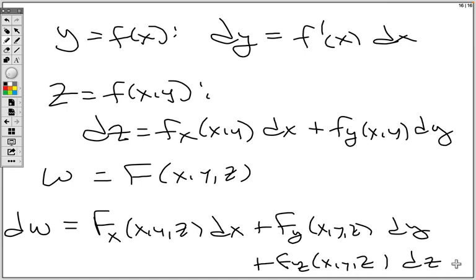Once again, if you have a differentiable function, then that means the function is locally linear. That means you can approximate the change in the dependent variable by looking at the slopes in the individual directions and multiplying those slopes by the change in the independent variables. So hopefully you're seeing this notion here.